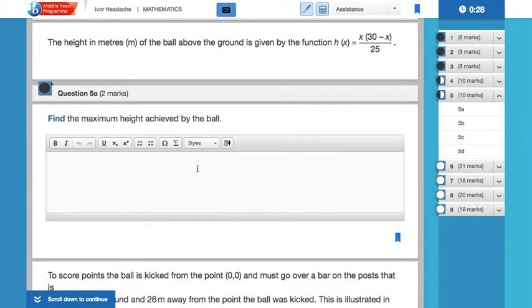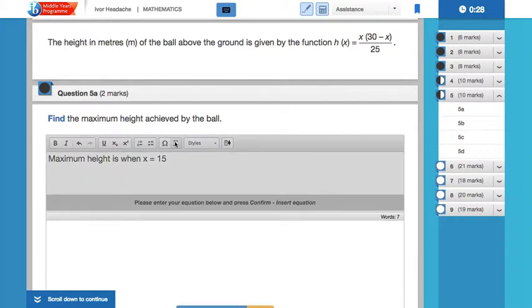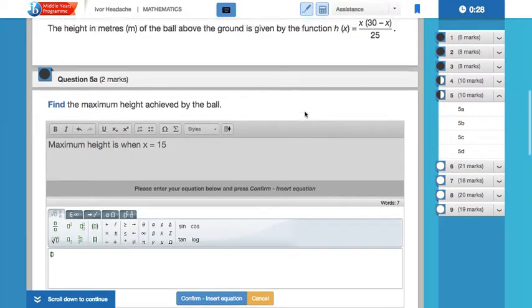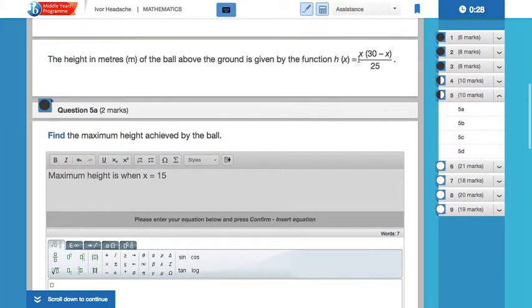So I'm going to write in that the maximum height is when x equals 15, and then we've got to use this formula to find out what that height is when x equals 15. So I'm going to go into the equation editor there. So I've got h of x equals x (30 minus x) over 25.